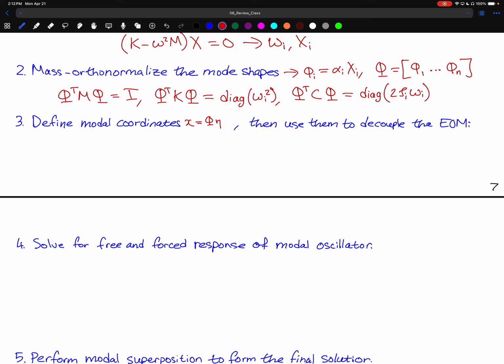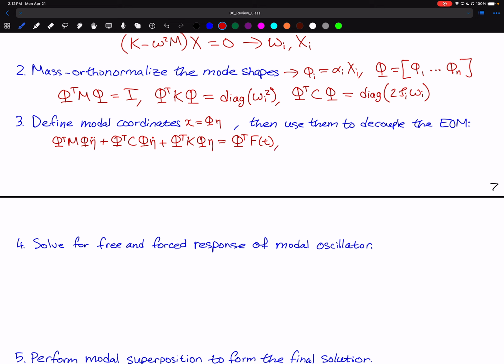And then this will give us that phi transpose m phi eta double dot plus phi transpose c phi eta dot plus phi transpose k phi eta will be equal to phi transpose times f of t.